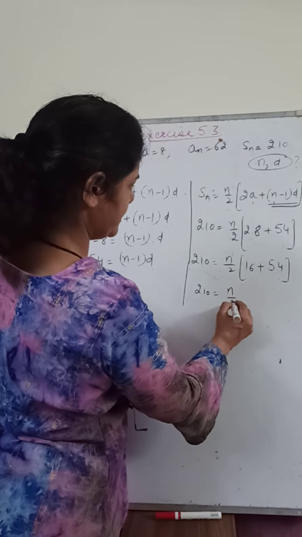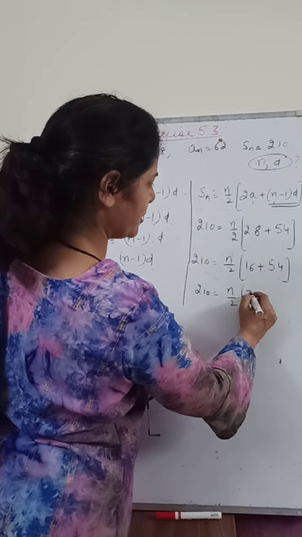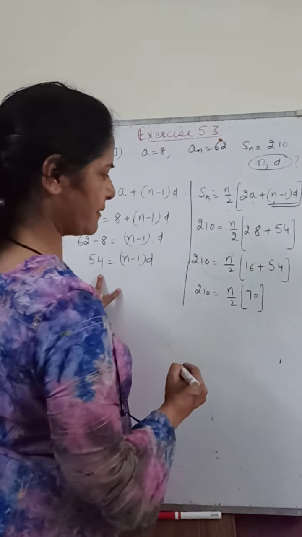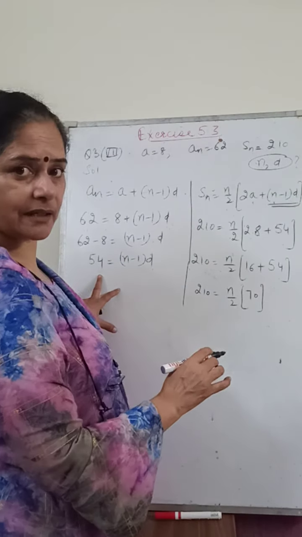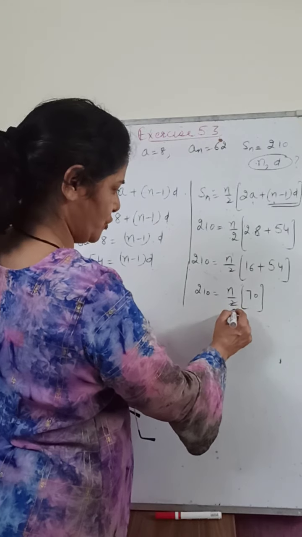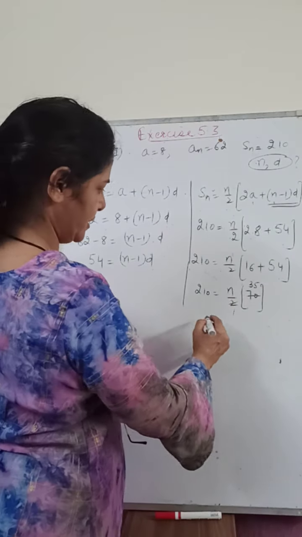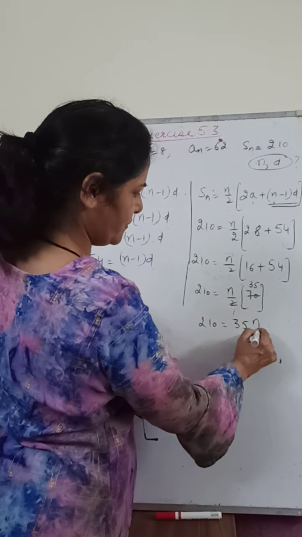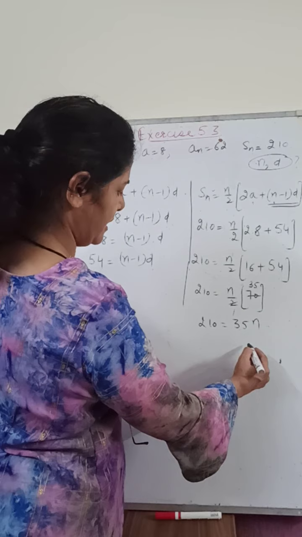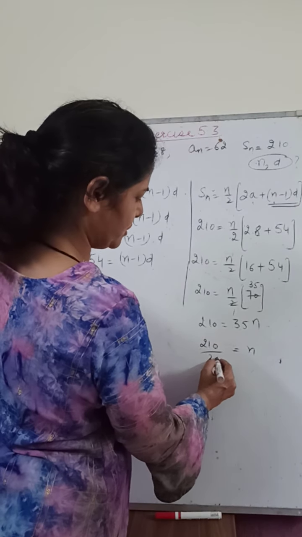210 is equal to n by 2, 16 plus 54. It is 70. Right? Clear? Now, 2 1s are 2, so 35. So 210 is equal to 35n, and n will be 210 upon 35.